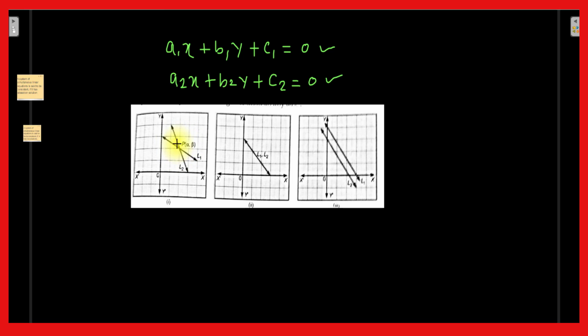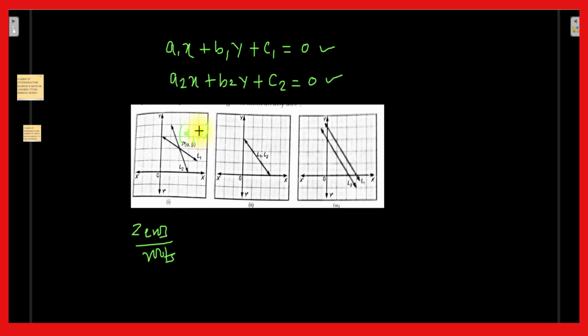Suppose two lines intersect each other at one point and the coordinates of that point are alpha and beta. Then that point of intersection and its coordinates will be called the solution of the two equations, which is called the zeros of the equation or the roots of the equation.